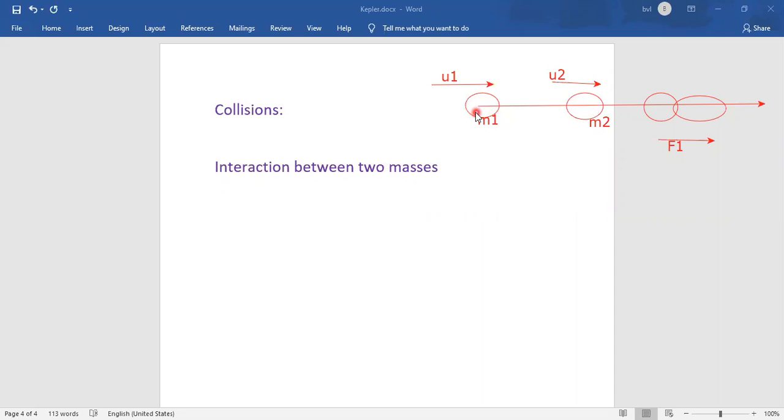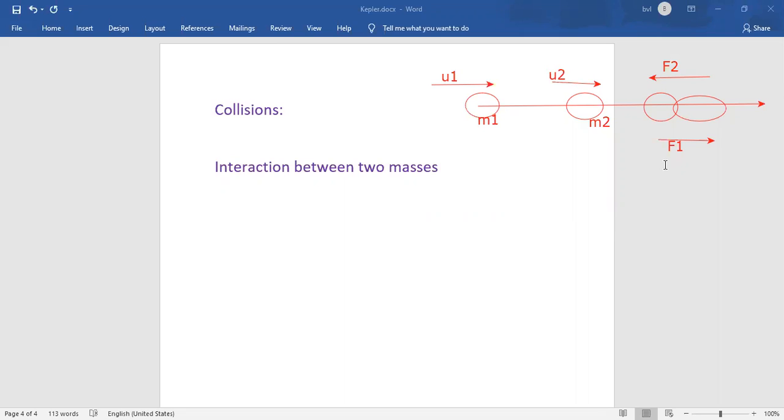Both are moving in the same direction presently, and now they strike with each other. This is the F1 force applied by this mass on the second mass. At the same time, M2 also applies a force on the first mass. This force we denote with F2.